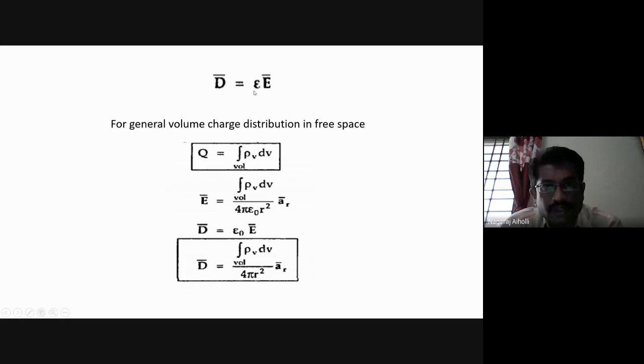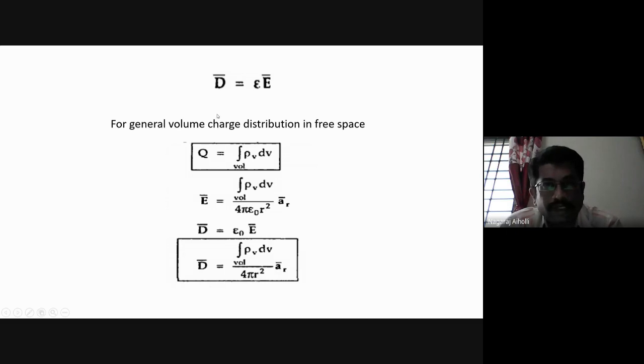D bar is equal to epsilon into E bar. For free space, it will be D bar is equal to epsilon naught E bar. If you are considering any other medium, then D bar is equal to epsilon naught into epsilon R into E bar. Now let us evaluate for the volume charge distribution.